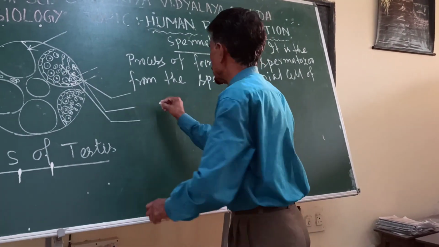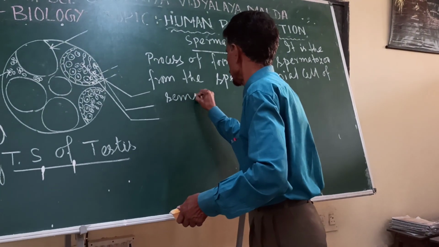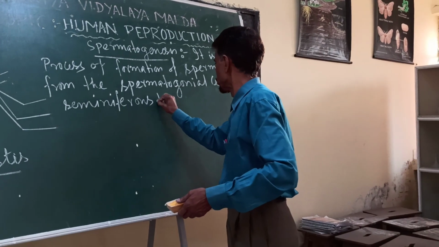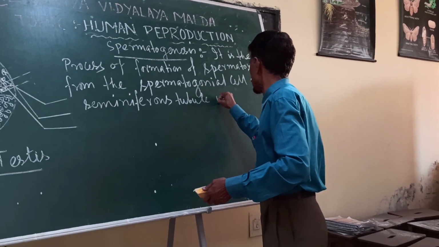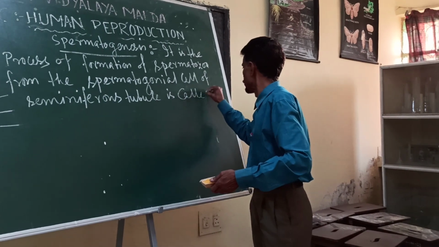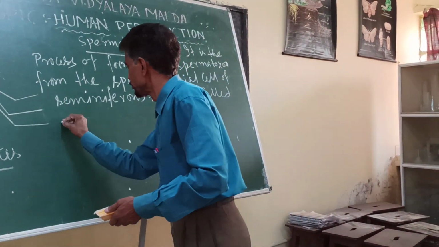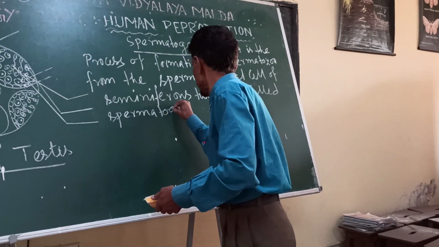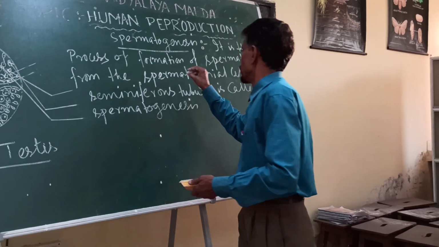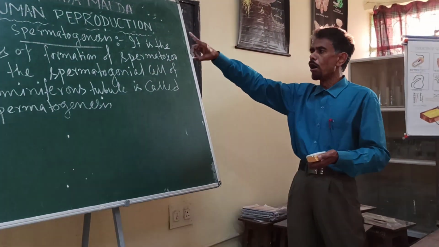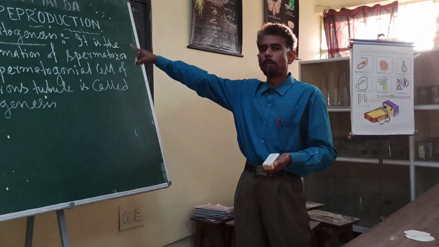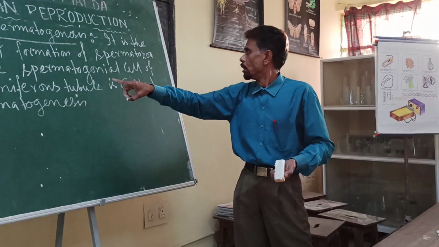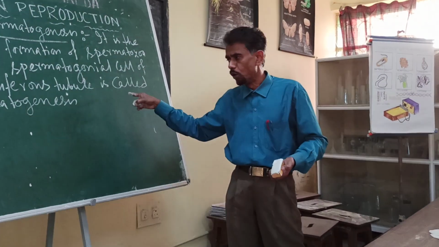The process of formation of spermatozoa from the spermatogonial cell of the seminiferous tubule is called spermatogenesis.